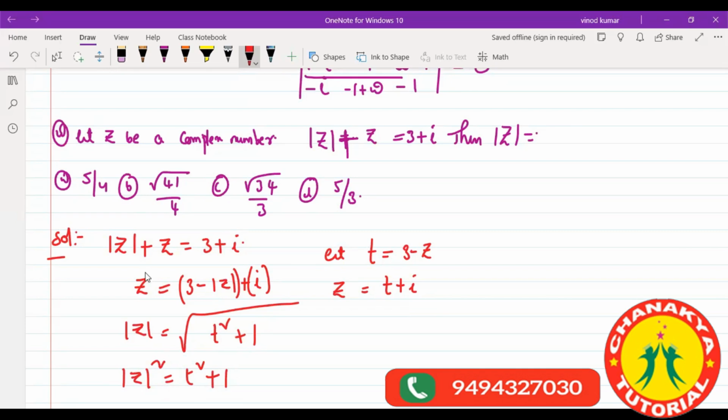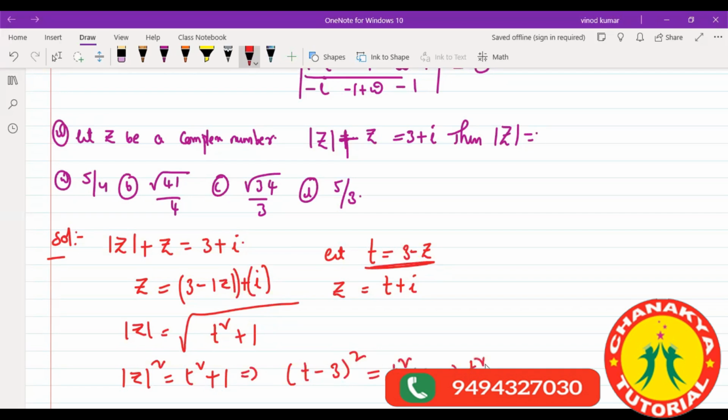From this, mod z is 3 minus t, so t minus 3 whole square equals t square plus 1.